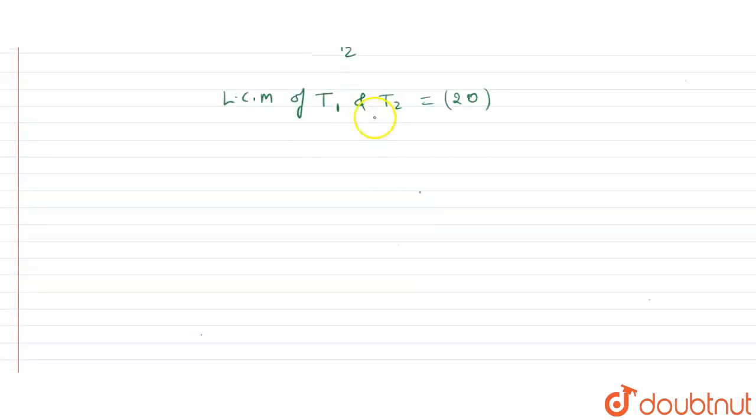Now we calculate the number of oscillations performed by the first pendulum, because this is the common time period at which they will come in the same phase.